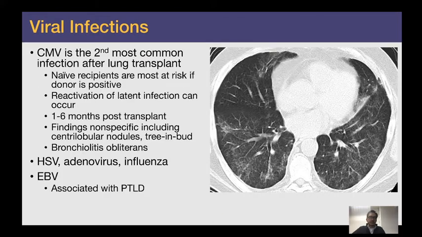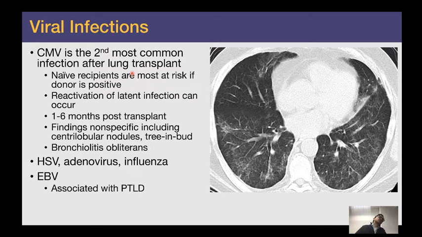Okay. Viral infections: CMV is the second most common infection after lung transplant, after bacterial infection, and CMV is particularly bad because it is one of the factors that leads, later on down the line, to bronchiolitis obliterans, which is one of the syndromes of chronic lung allograft dysfunction.